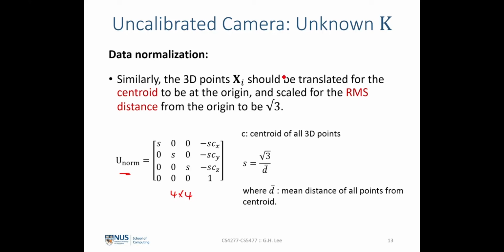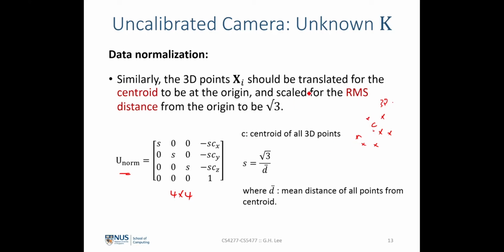The first step of this transformation would be the same as in the 2D domain, where we want to translate the centroid of all the 3D points. Suppose that all these are the given 3D points, and this is the centroid in the 3D space, which I denote as C. We want to define a translation such that the centroid is translated to the origin of the frame of reference.